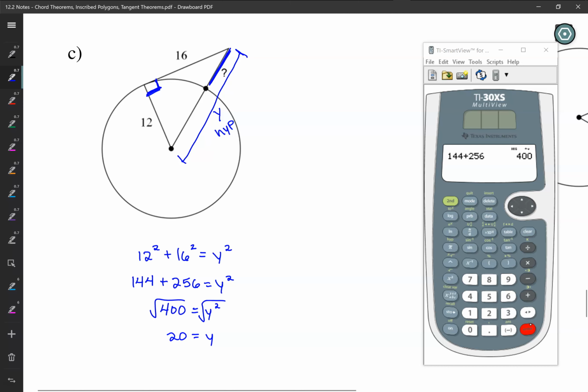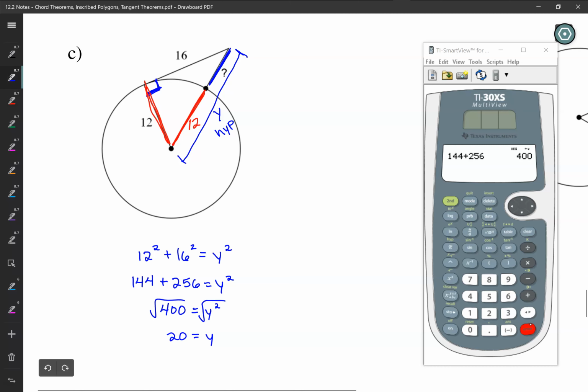So think about this for a minute. I want the question mark. Do I know anything about this other piece of this segment? Well, hang on a second. That's a radius, and I know that the radius of the circle is 12, because the radius is the same no matter what point on the circle you draw it to.